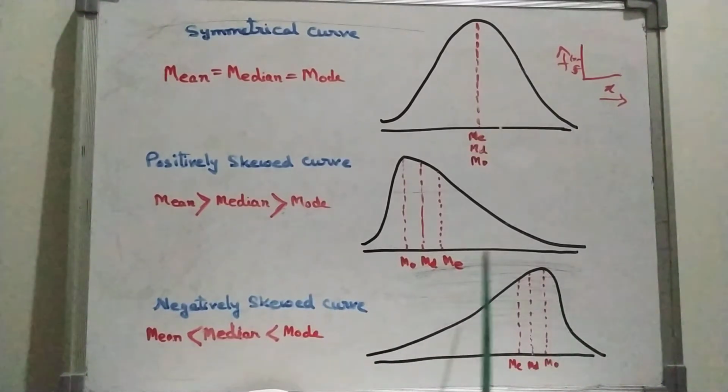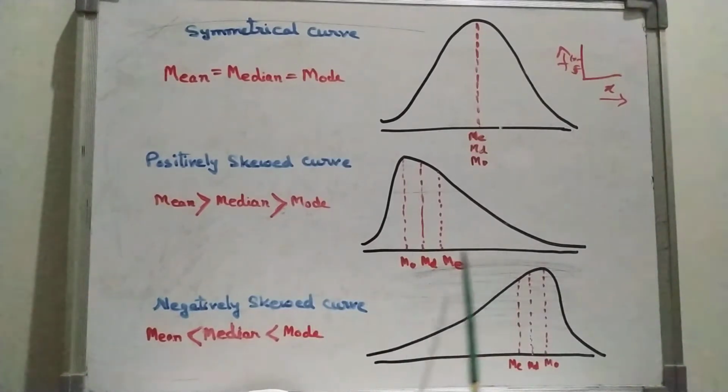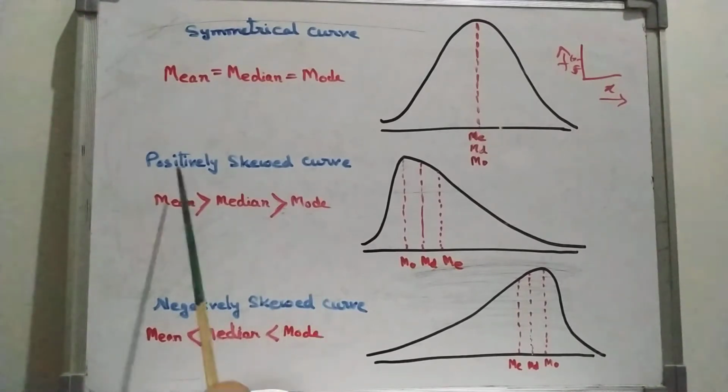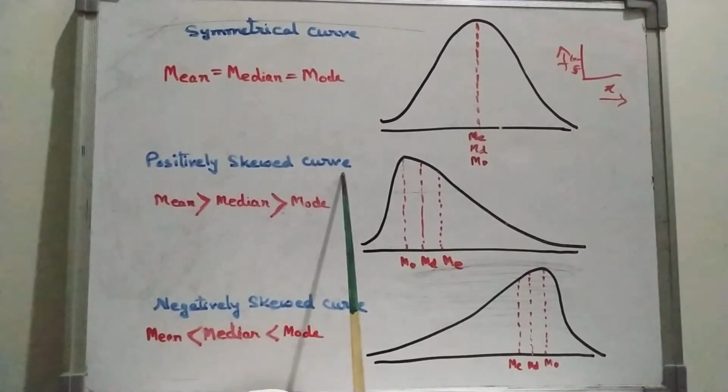And when we move on the left hand side, the figures are decreasing. So here mode is less than median and median is less than mean. Okay, so here mean is greater than median is greater than mode. So we will get this relationship when there is a positively skewed curve.